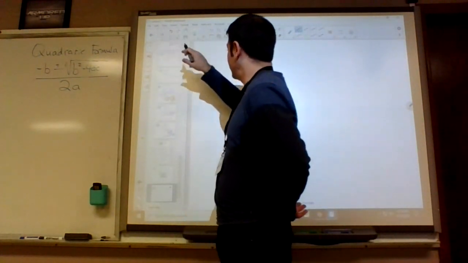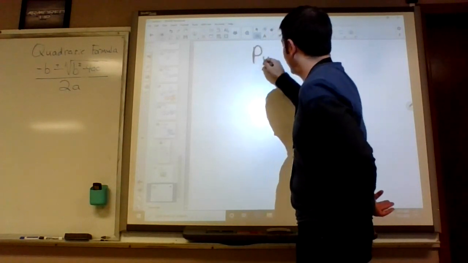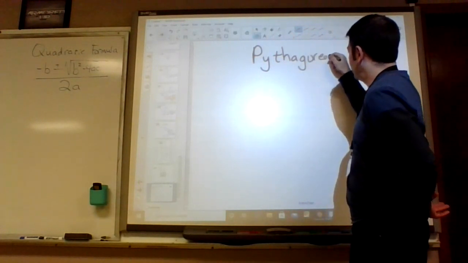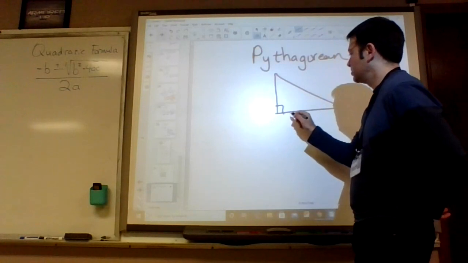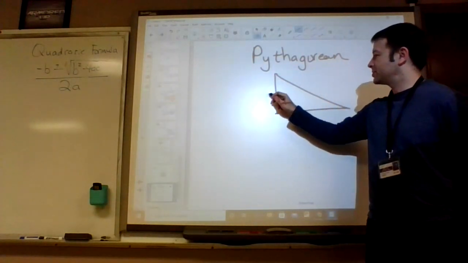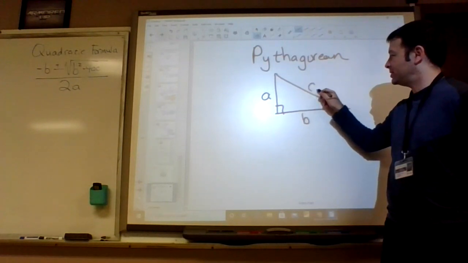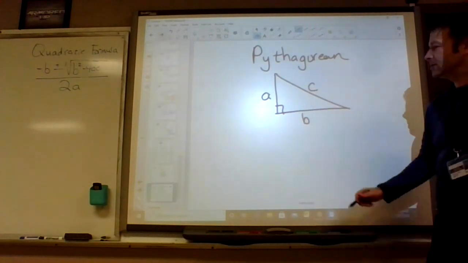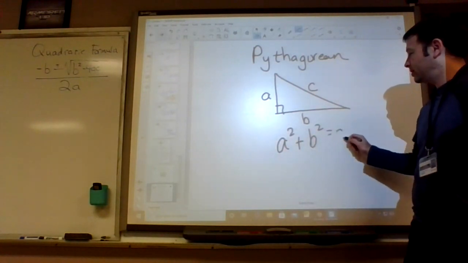We also did Pythagorean theorem. What is Pythagorean theorem used in? Only right triangles. We call these the legs A and B, and we call the hypotenuse C. What was the equation? A squared plus B squared equals C squared.